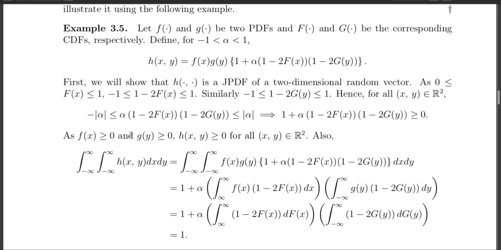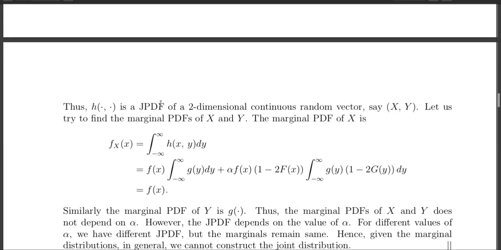That shows that h is a joint density function of a two-dimensional random vector, and assume that random vector is (X, Y).